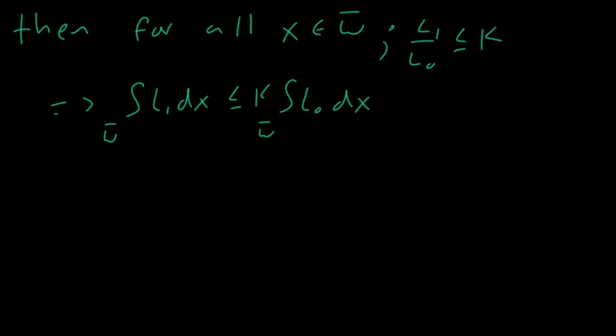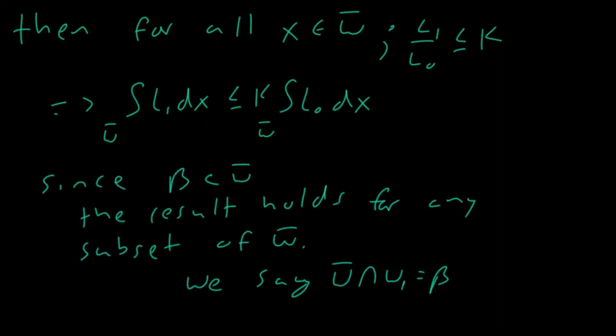This would also tell us that for all x an element of the complement of W, L1 divided by L naught is less than or equal to K, which would imply that the integral of L1 dx across the complement of W is less than or equal to K times the integral of L naught dx across the complement of W.